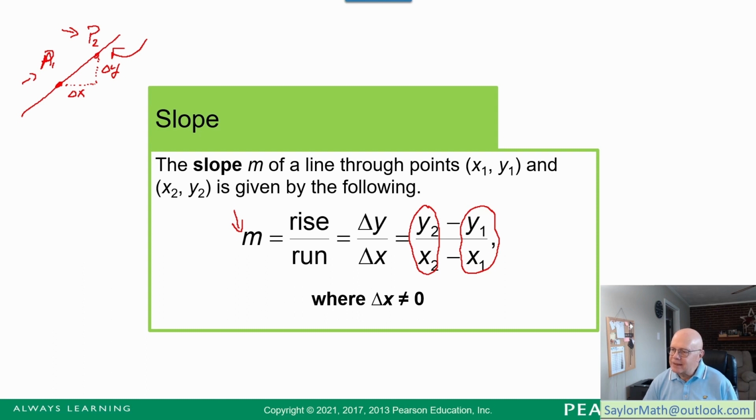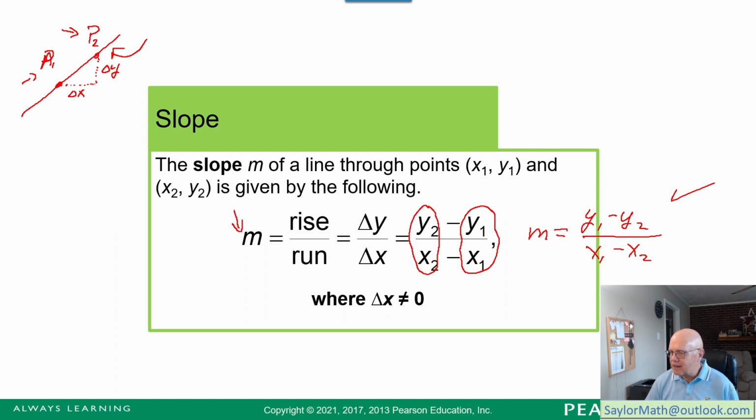Now an alternate would be if you accidentally did it like this, if you subtracted y1 minus y2 and x1 minus x2, that would still be okay. It's still going to give you the slope.